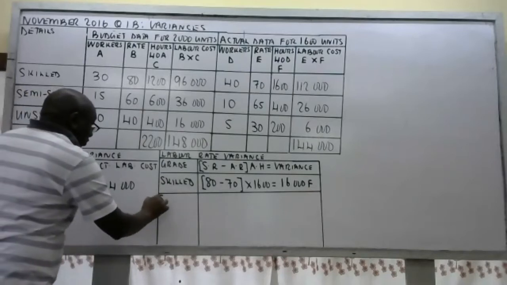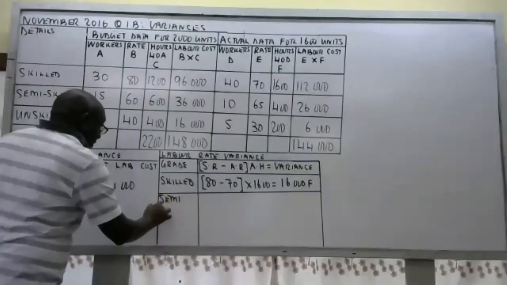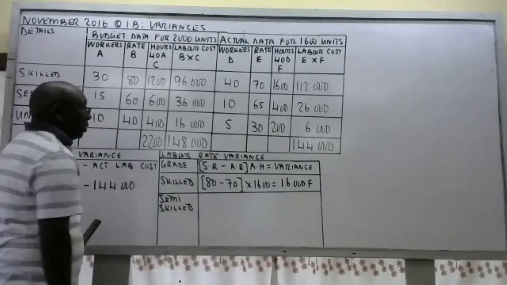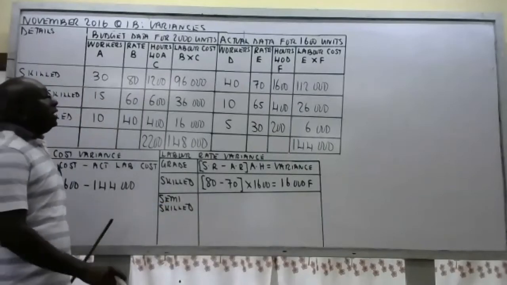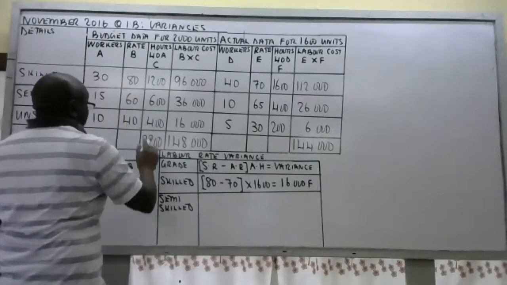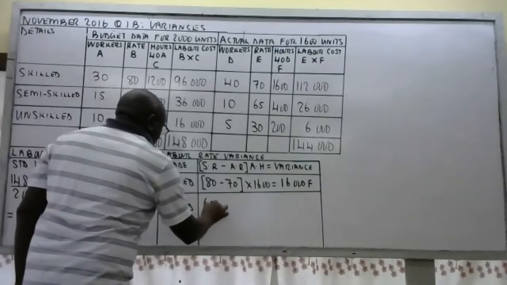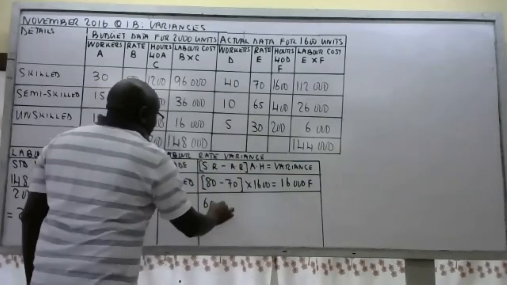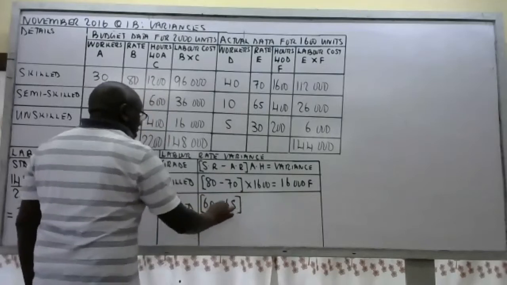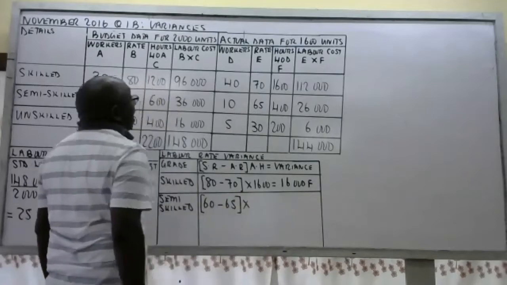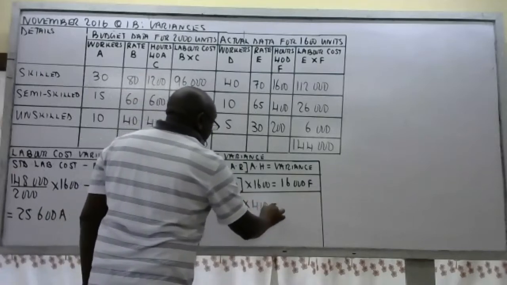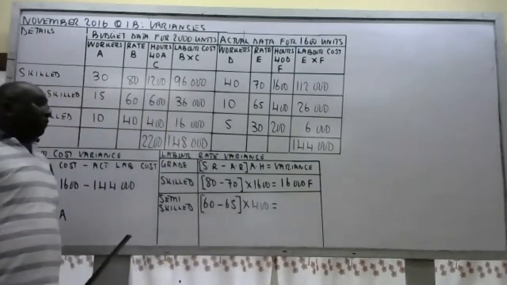Then you come to semi-skilled. For the semi-skilled, the standard rate is 60. The actual rate is 65. You multiply by the actual hours, which are 400.